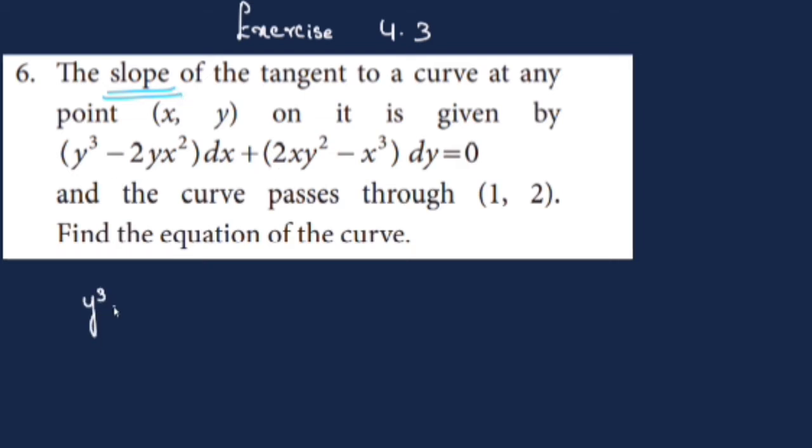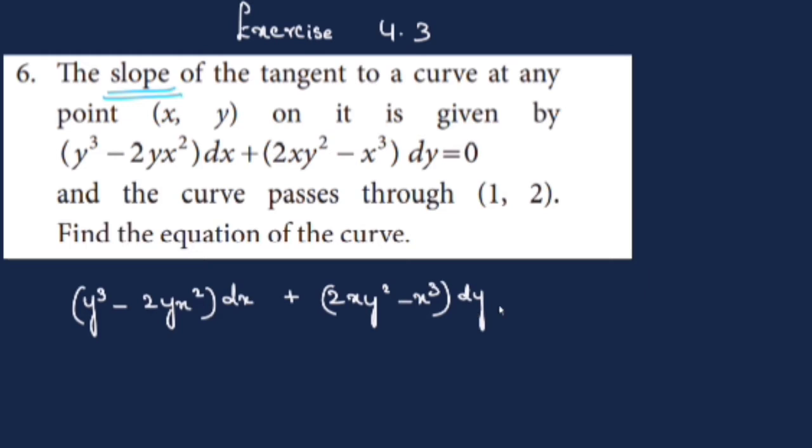What is the slope given? (y cube minus 2y x square) dx plus (2xy square minus x cube) dy. This is the slope. So from this, let us find dy by dx.